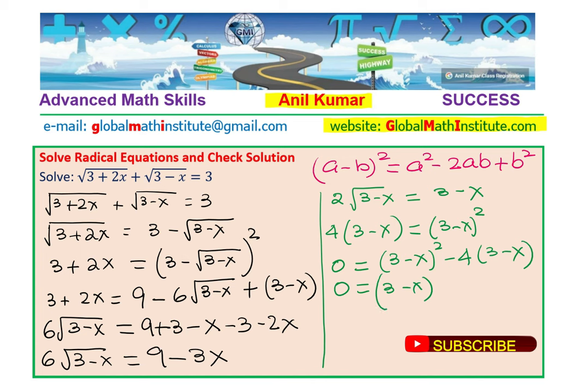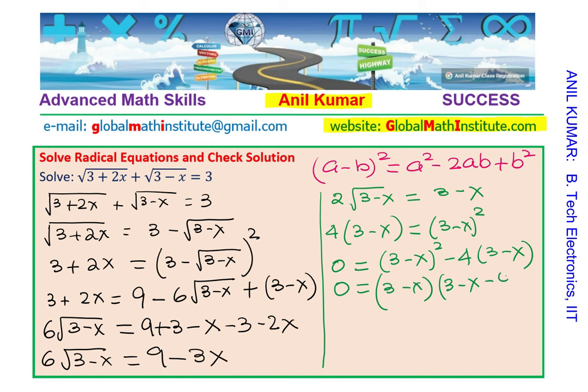We can factor it out, right? Ultimately, we have to factor. So we get 3 minus x here and minus 4 from there. Correct. So 0 equals 3 minus x times 3 minus, that means minus 1 minus x. Correct. So that becomes the factored form of this particular equation.